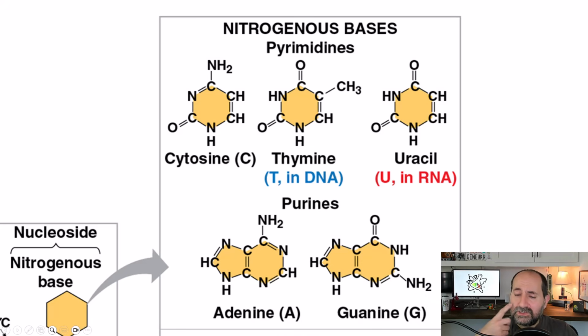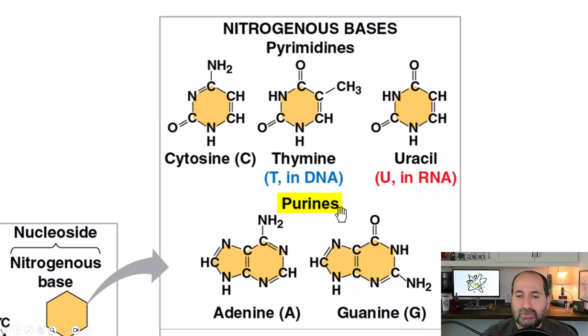Okay, now do you notice that some of these have one ring and some of them have two rings? So that's actually important to remember. I want you to remember that the one ring nitrogenous bases, the C's, T's, and U's, these are called the pyrimidines. You see the pyrimidines. Whereas the two ring nitrogenous bases, right, A and G, they're called the purines.